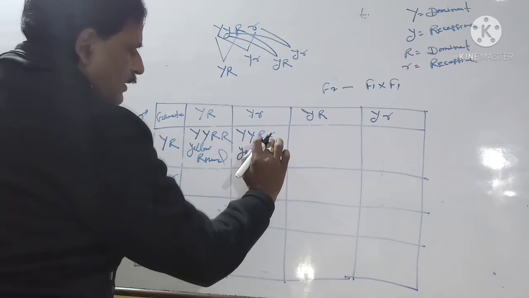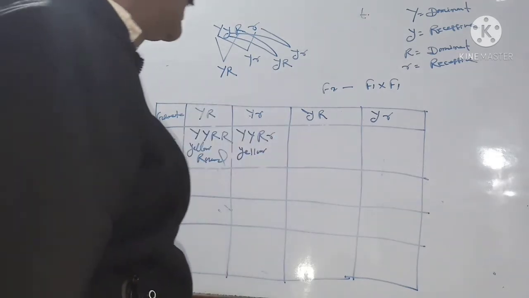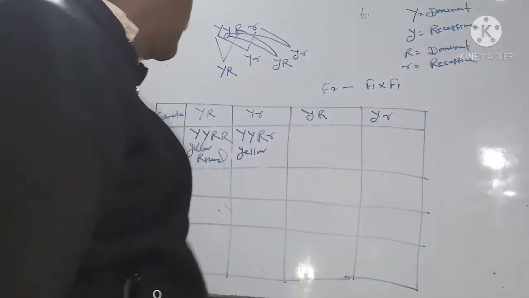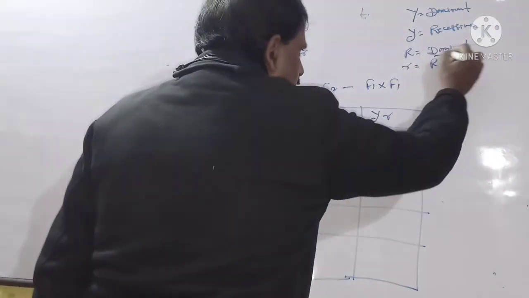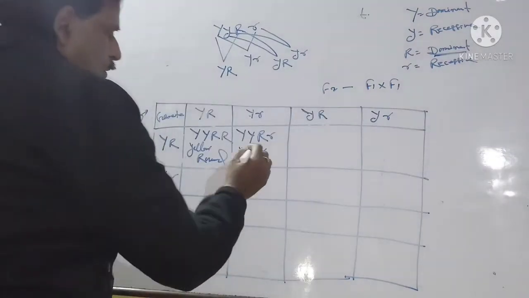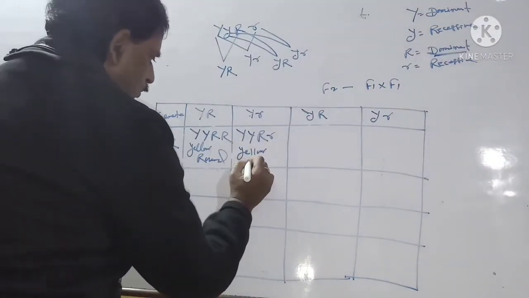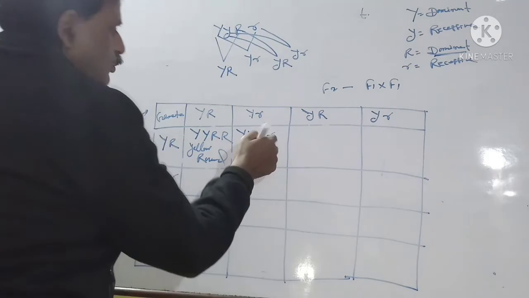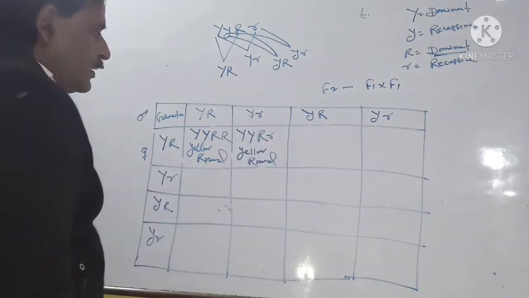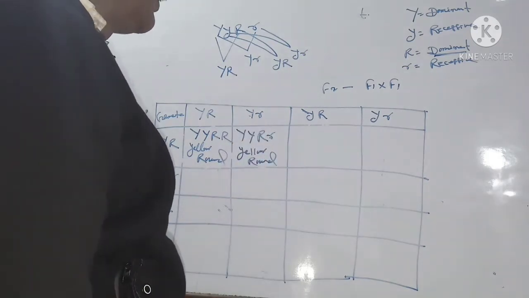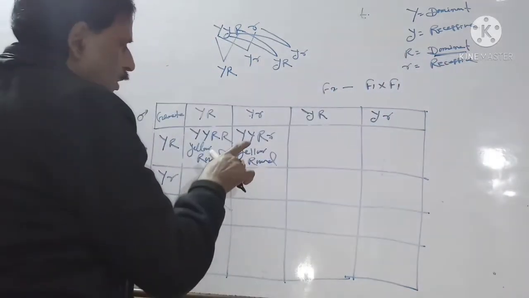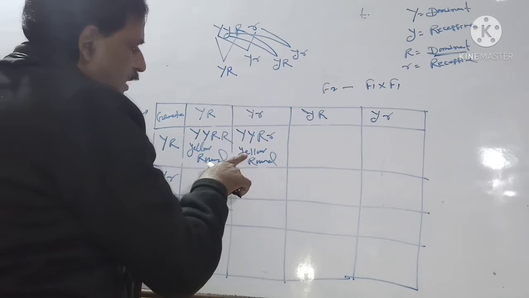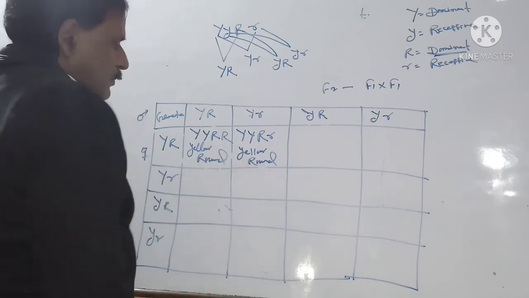For capital R, small r, capital R is dominant while small r is recessive, so the dominant character is visible and the seed is round. So the given plant is yellow and round.